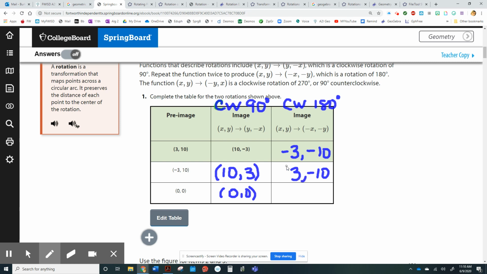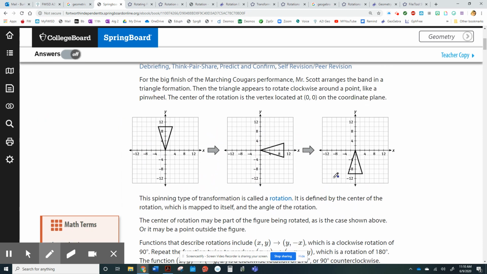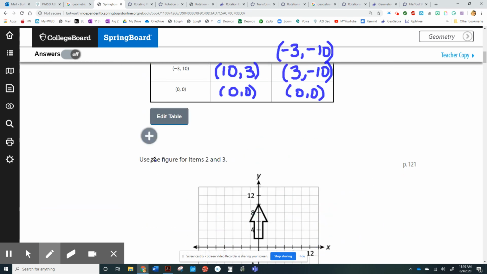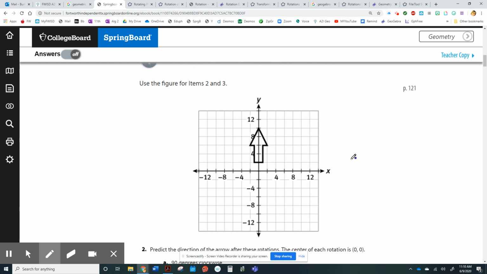And that's the location of these points right here. This one is still at 0, 0, because we got the guy that's marching at the origin, but he's not moving. Okay, so that's what those rotations do.